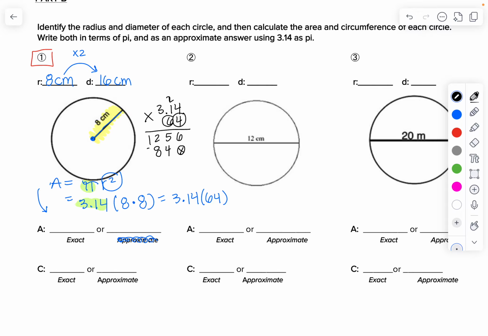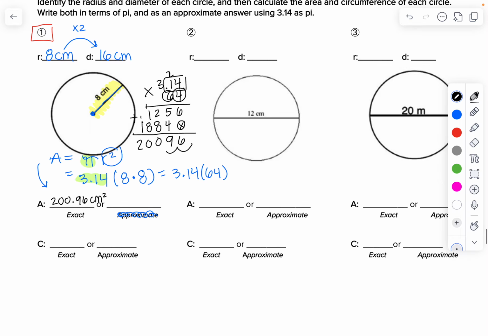And 6 times 3 is 18. Now we add everything. That's 6, that's 9, that's 10. Take 1. That's 10 again. Take 1, and that's 2. We have 2 numbers after the decimal, so we move the decimal place 2 spaces to the left. So your exact area is going to be 200.96 centimeters squared.